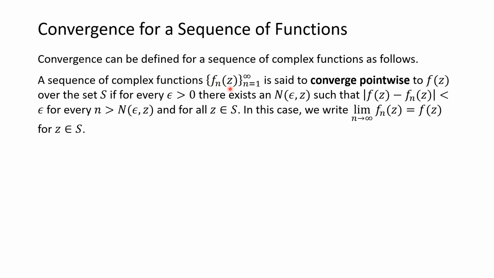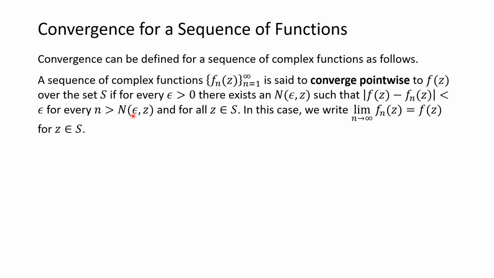And for each value of n, you have a different function, and that's said to converge pointwise to a function f of z over a set S, if for every epsilon greater than 0, there exists an N which depends on epsilon and z, such that the modulus of f of z minus f sub n of z is less than epsilon whenever small n is greater than capital N for all z in some set S, in which case we write the limit as n approaches infinity of f sub n of z equals f of z over a set S for all z in S.